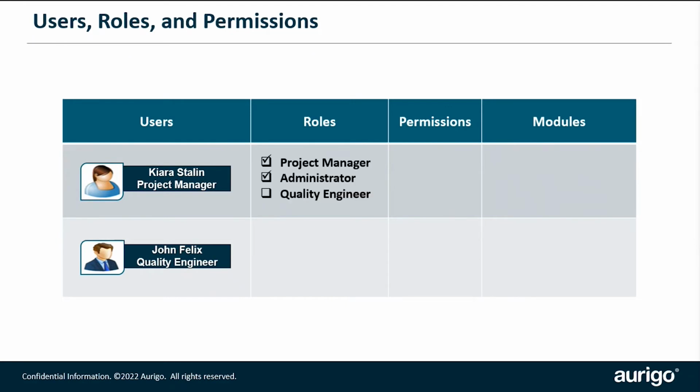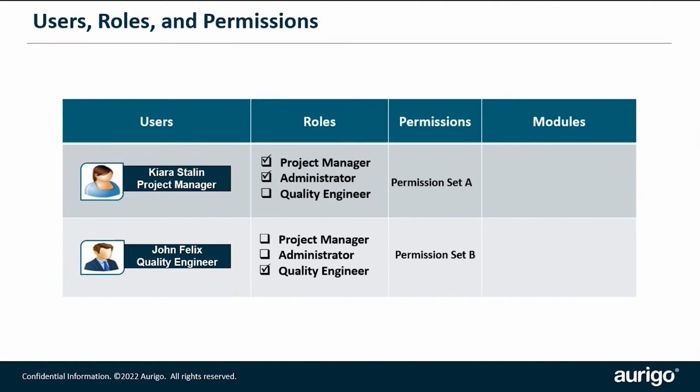In this case, Kira will have the project manager and administrator roles, meaning she'll also be able to do the tasks that we're learning about today, whereas John will only have the quality engineer role and will not be able to see that. As a consequence, each of them will have a different permission set, and this permission set is a combination of all the roles assigned to them.